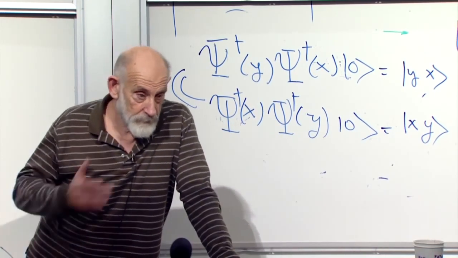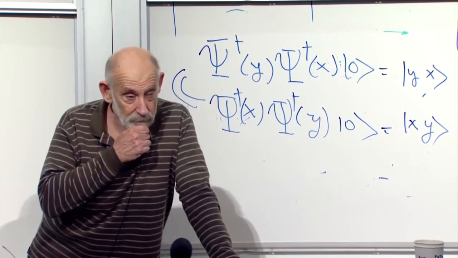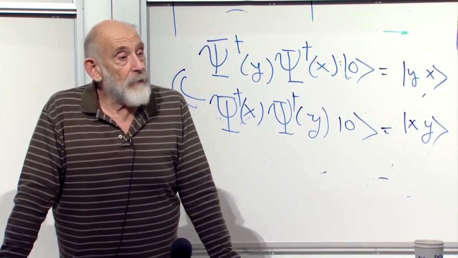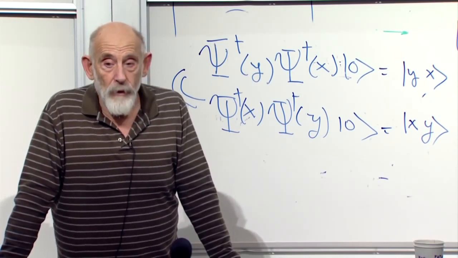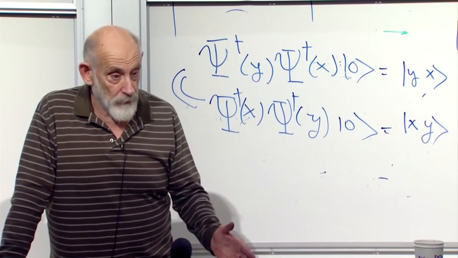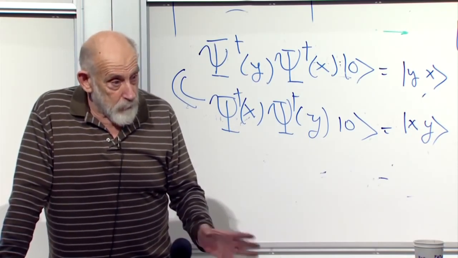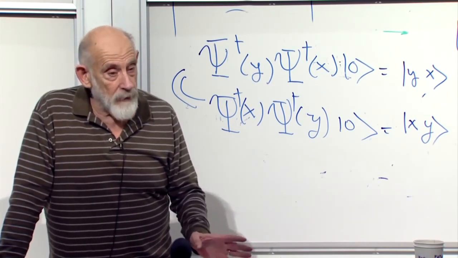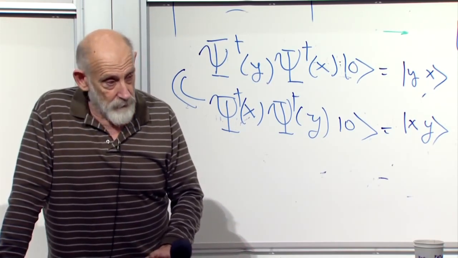So, do all the properties of fields come out of these creation and annihilation operators? Yes, yes. None of this would be interesting if we were talking about a situation where you could not create and annihilate particles. The whole point of this, well, let me say a little less strongly.